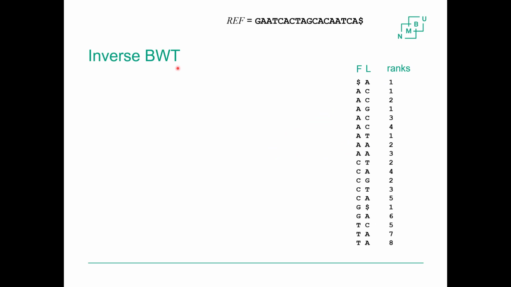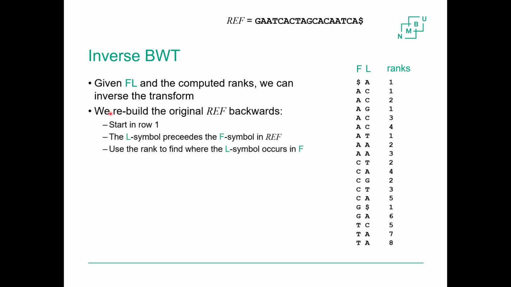The inverse Burrows-Wheeler transform. Given this information here, the F, L, and the ranks, we can inverse the transform. And how can we do that? We can rebuild the original reference backwards from this information. It just shows that there is a simple relation between the original reference sequence and the sequence we have in this column here now, even if it looks very different from the original one.